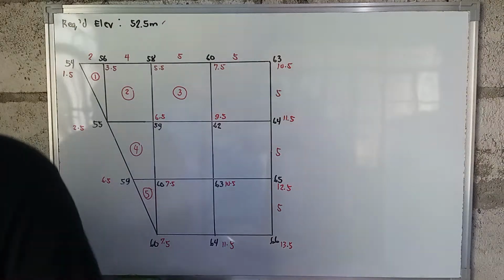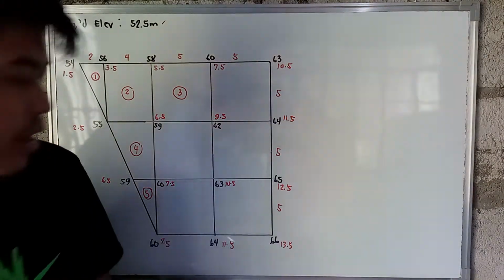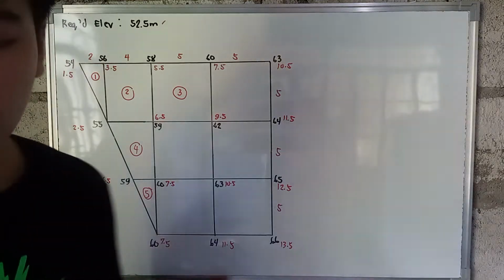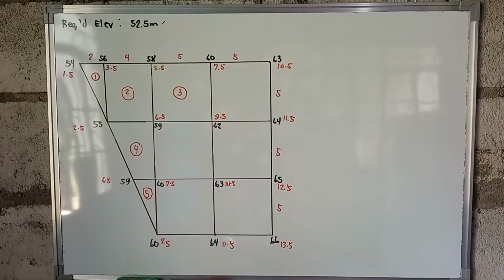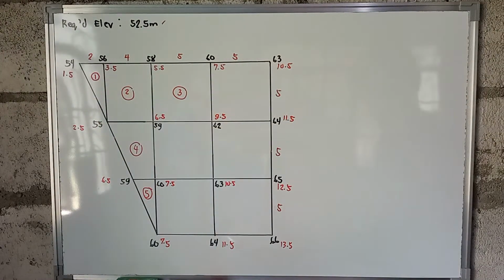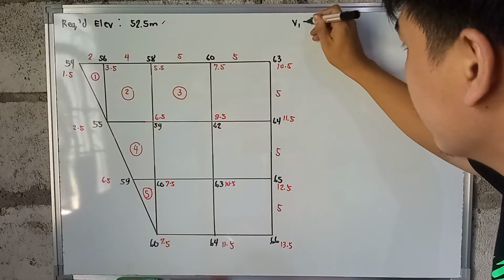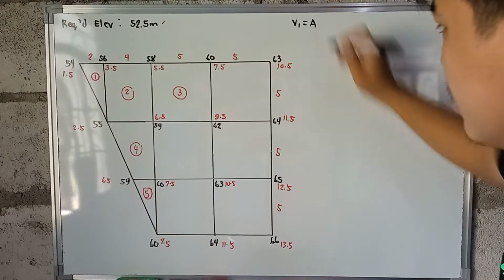Yan. So, let's solve first for the value of our volume 1. Or i-consider natin is the triangular base. So, using the formula, V1 is equals to A, di ba?